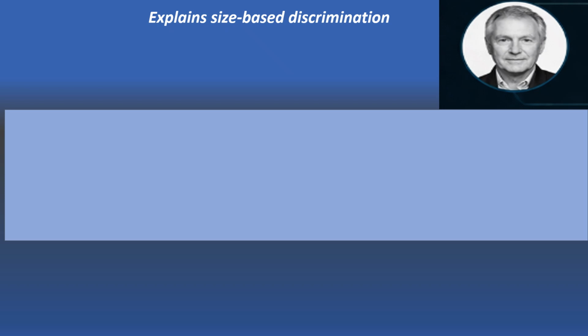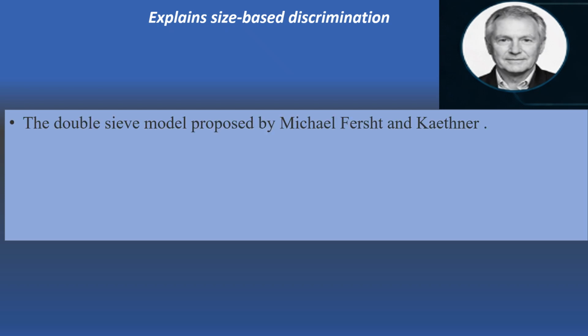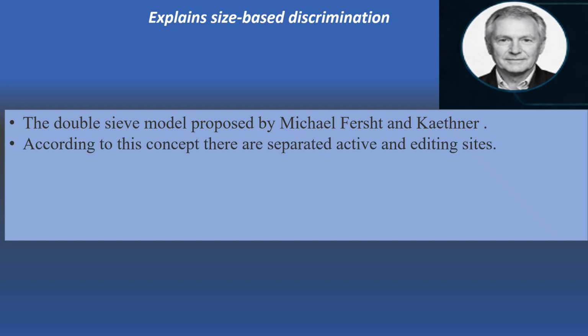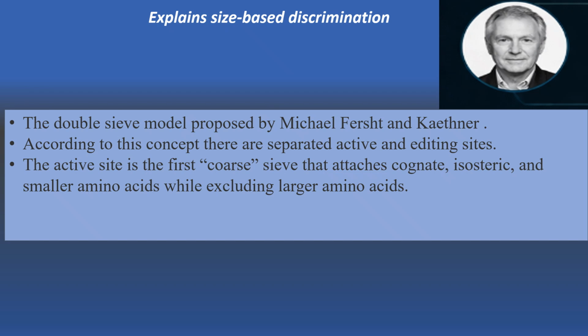The double sieve mechanism actually explains a size-based discrimination between the amino acids. The double sieve model was proposed by Fersht and Mikhail Fersht and colleagues. According to this concept, there are separate active and editing sites on the enzyme surface. The active site is the first coarse sieve that attaches cognate, isosteric or smaller amino acids while it excludes larger amino acids.